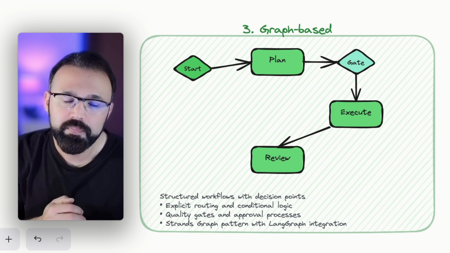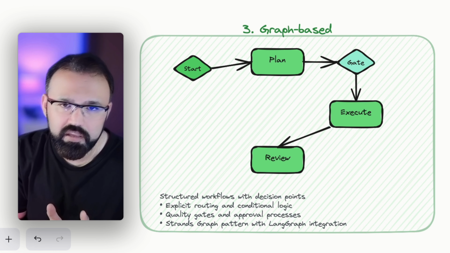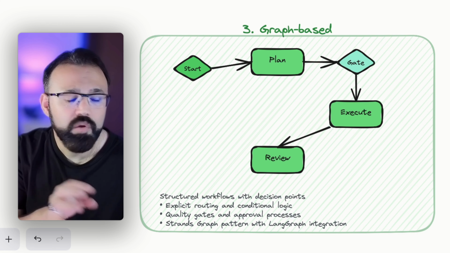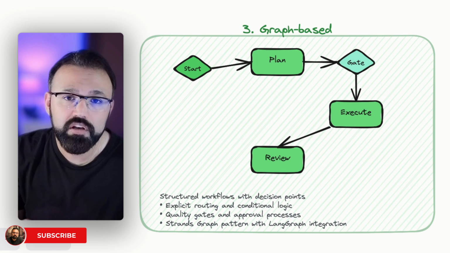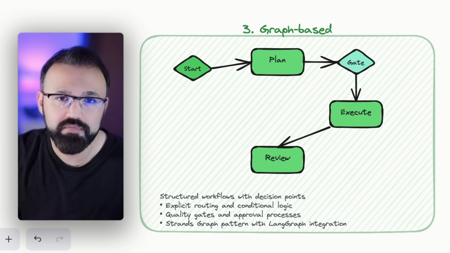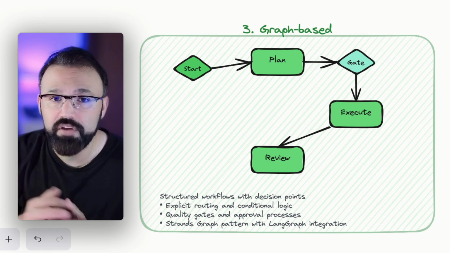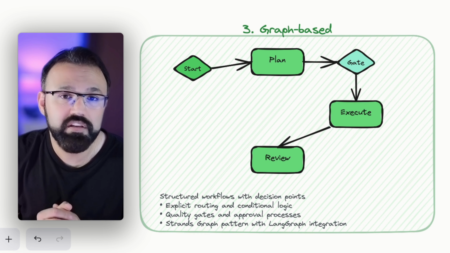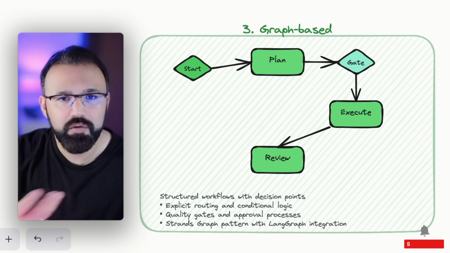This is very important when you are building complex agentic workflows where you have multiple agents and you're not leaving the agents to decide when to call a specific agent, like we were doing in the first type, and in fact in the swarm as well. You are making the decision of which agent provides what input at what time.